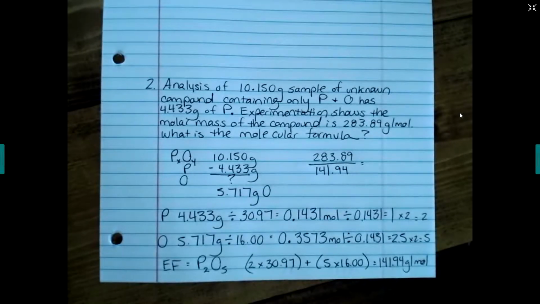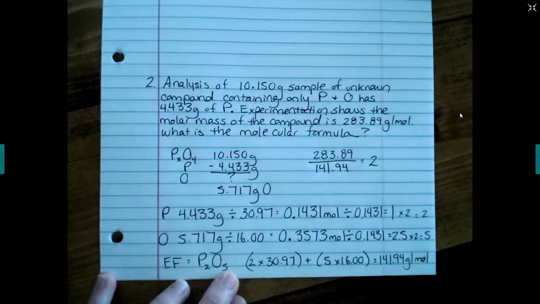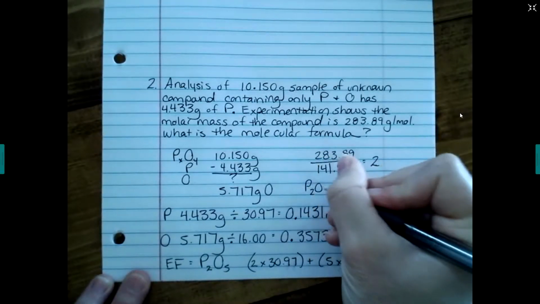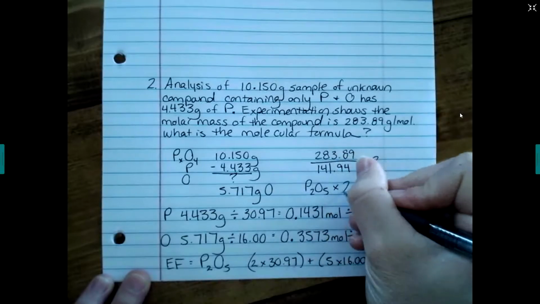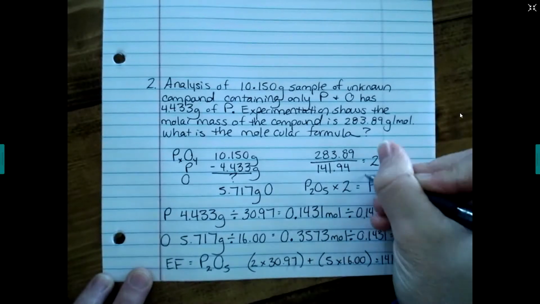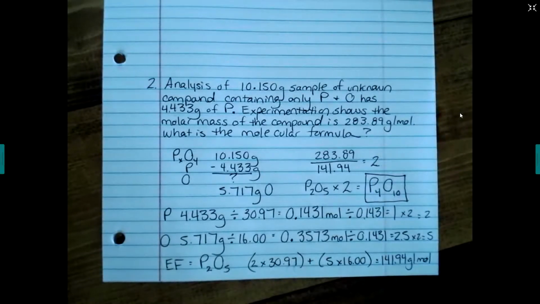You can probably already tell. We get 2. All right, so what do we do with that number? This is the number we're going to multiply by our subscripts. So P2O5 times 2 gives us P4O10. And that is the molecular formula.